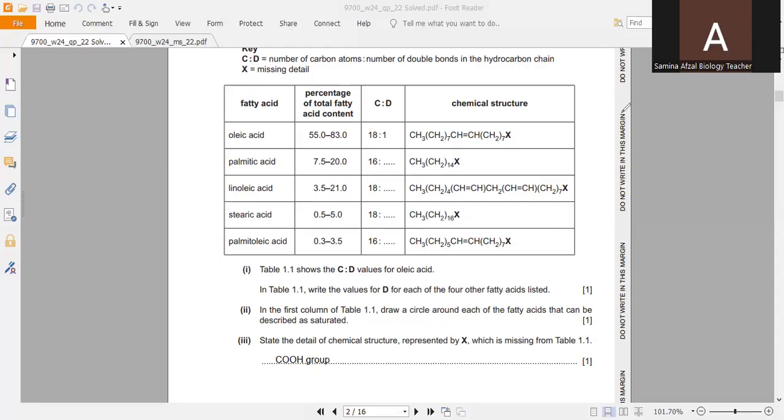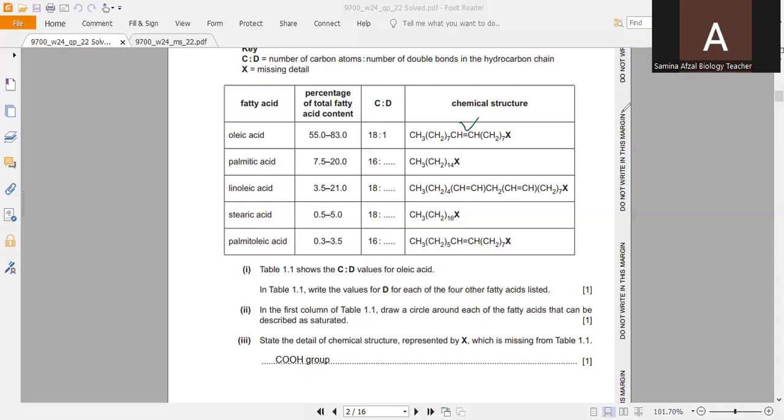So first of all, they have given us oleic acid, in which the number of carbon atoms is 18. You can find the number of carbons by adding all these carbons. Only one double bond is there. So the ratio is 18:1.